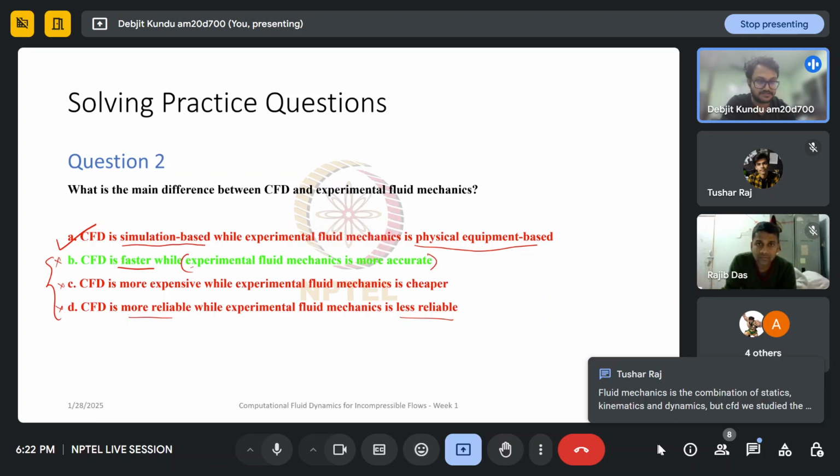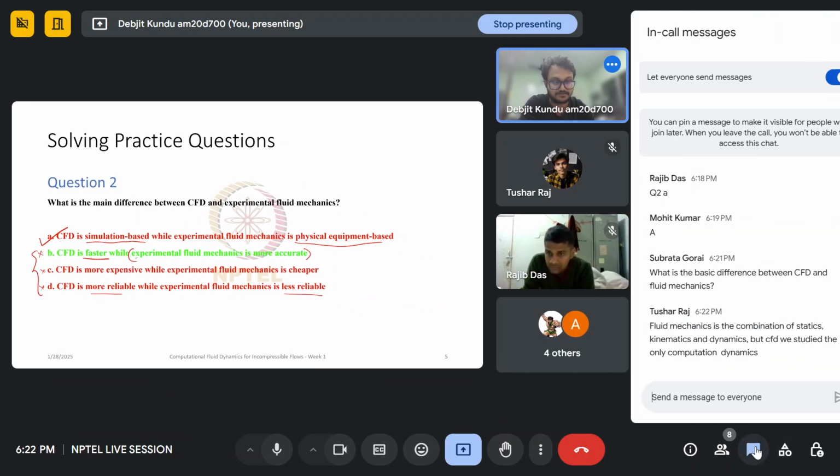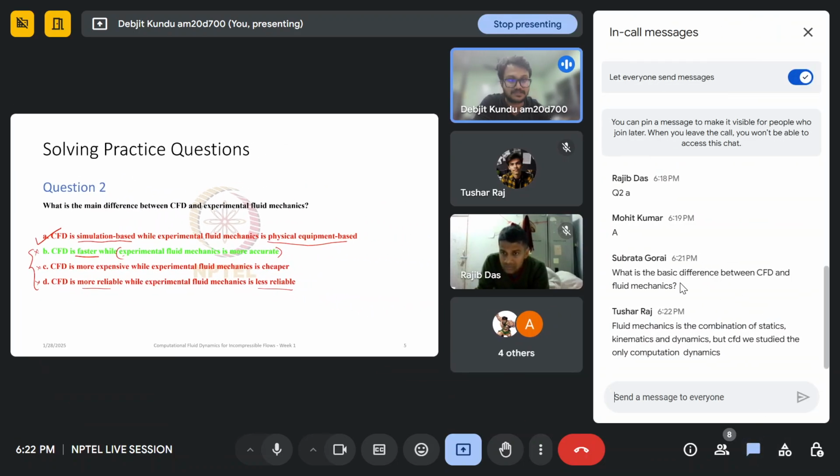So we have some messages in the chat box. Let's go through them. Someone is asking what is the basic difference between CFD and fluid mechanics? So fluid mechanics is the broader study of fluid motion in general.